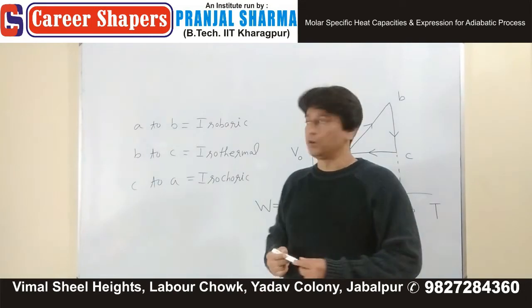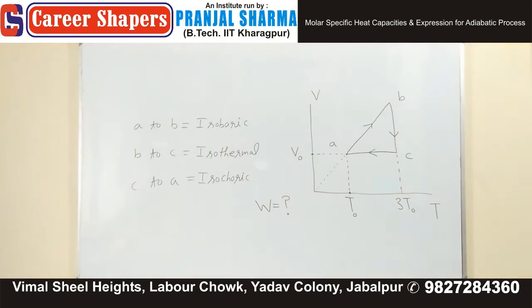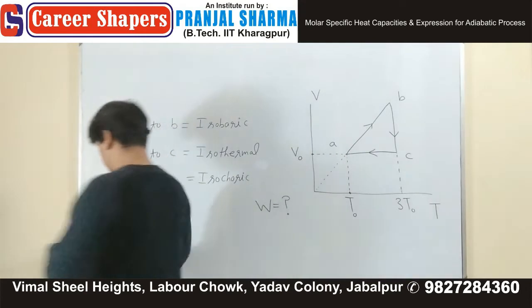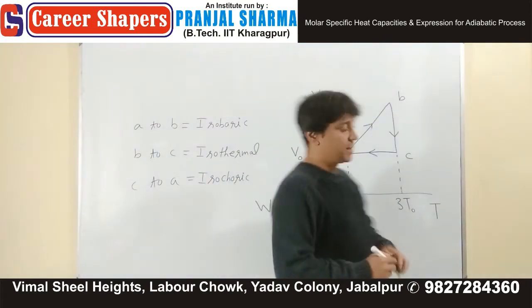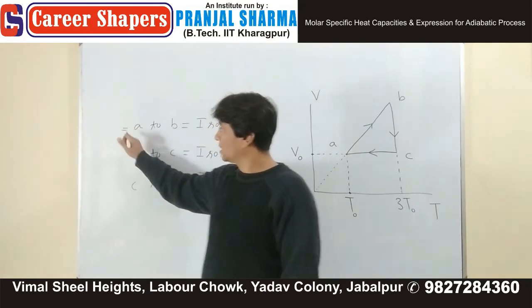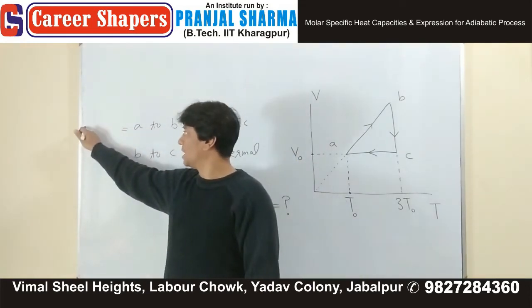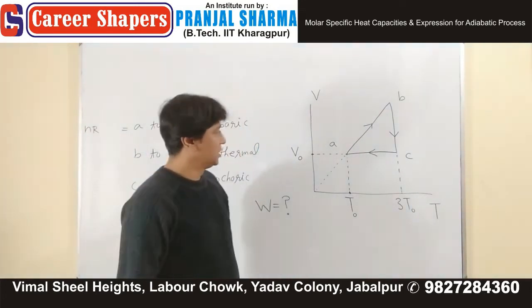Now you already know how to find work for these three types of process, and find the work, get the total, that will be the total work. For the isobaric part A to B, work done is what? nR times T final minus T initial.